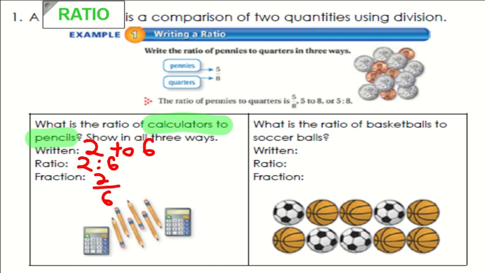How about y'all go ahead and try the basketballs and soccer balls then? All right, Chastity, what's the written one? 6 to 4 is correct.